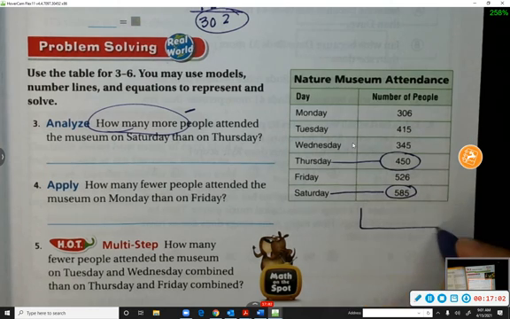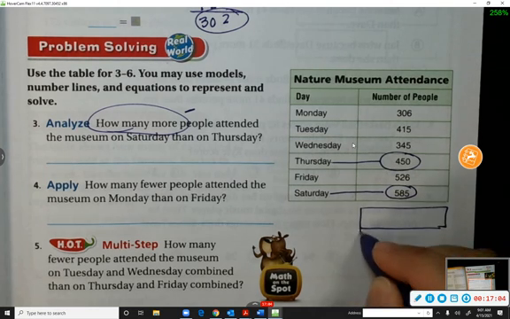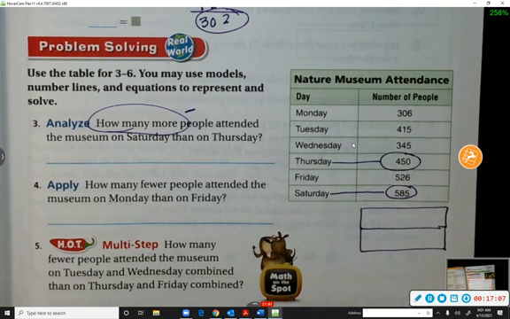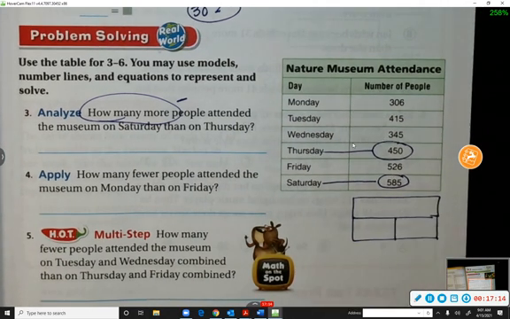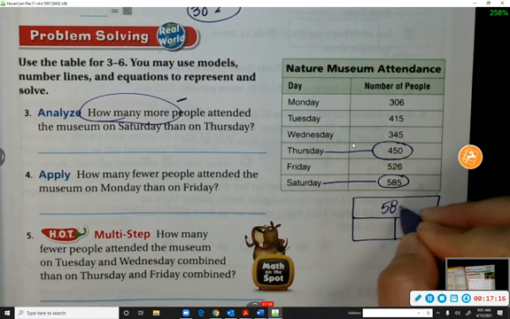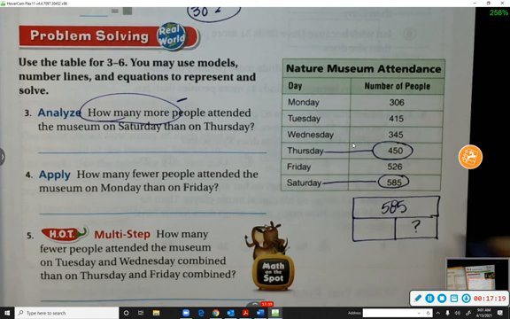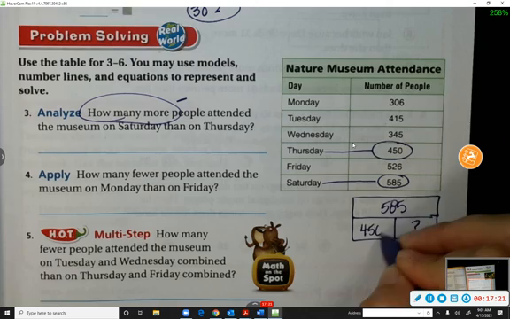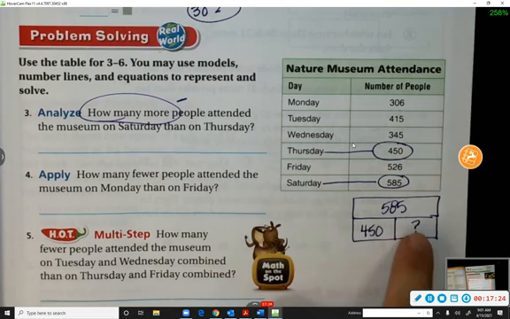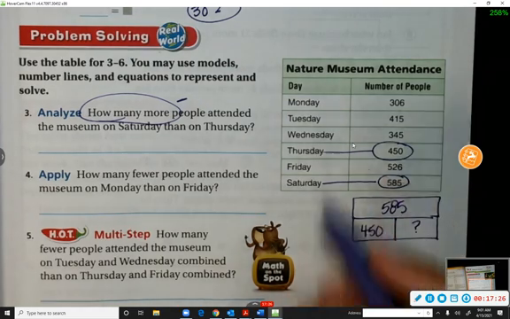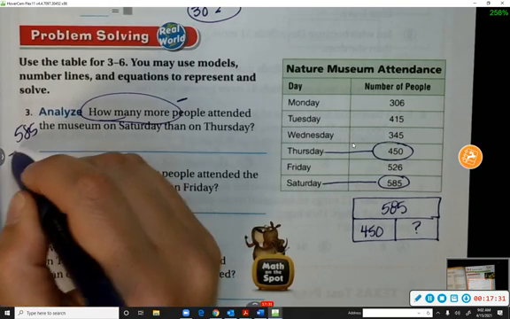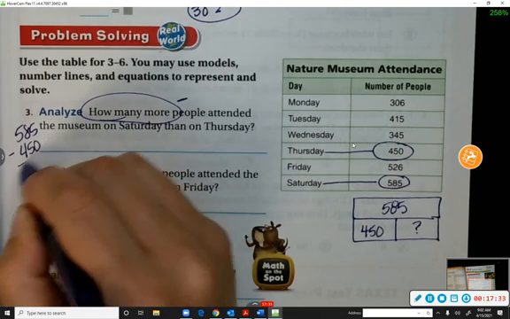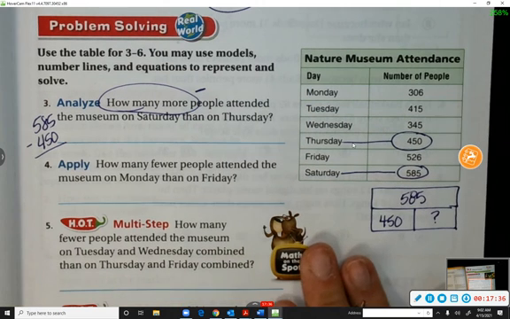So if I'm setting up a whole part or strip diagram for this, what needs to go in the big piece? The big number. So 585. Okay, so if I'm missing this, I need to subtract 585 minus 450 equals what?